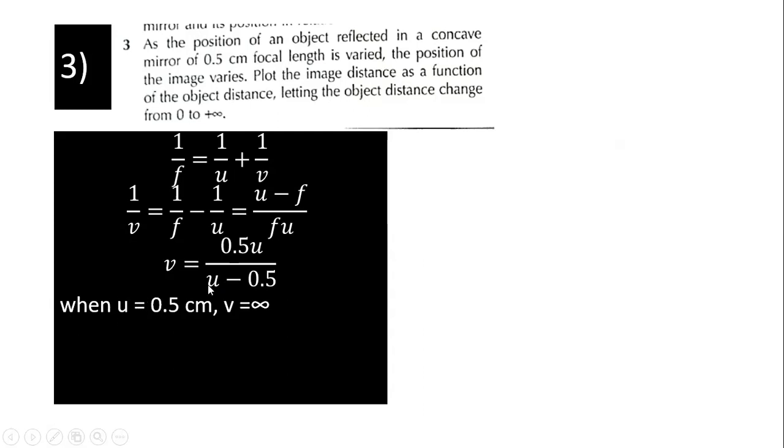u equals 0.5, then v equals infinity. u equals 0, v equals 0 also. Or u greater than 0.5, u greater than 0.5, your v decreases.